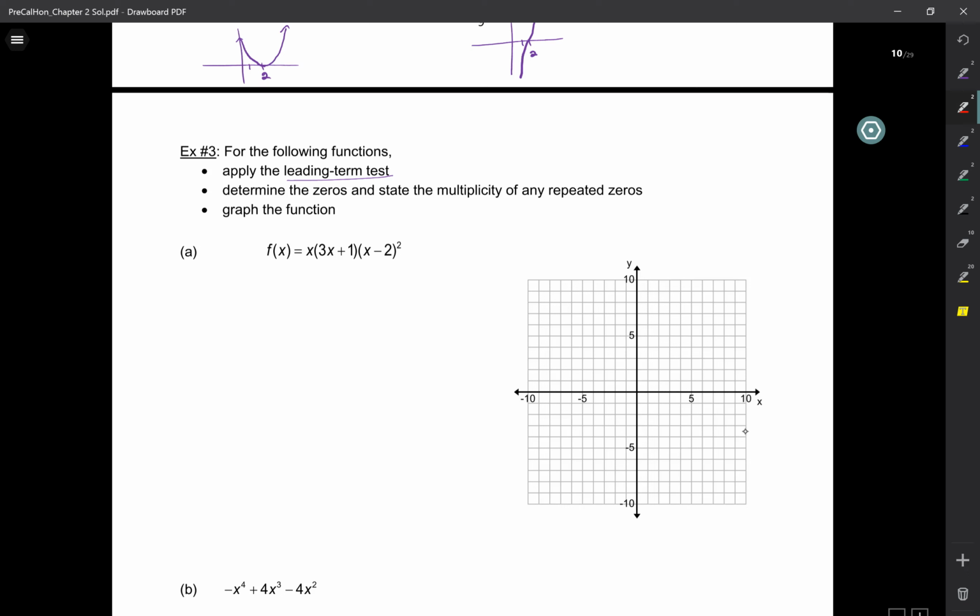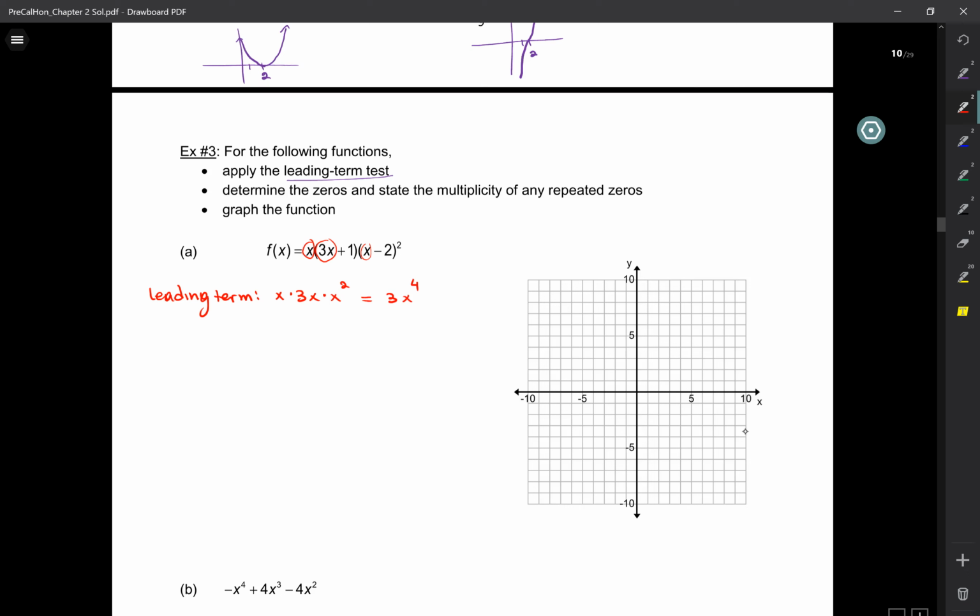So to get that first leading term, essentially all you have to do is multiply the leading terms: x times 3x times x squared. And if I do that, the leading term would be 3x to the 4.